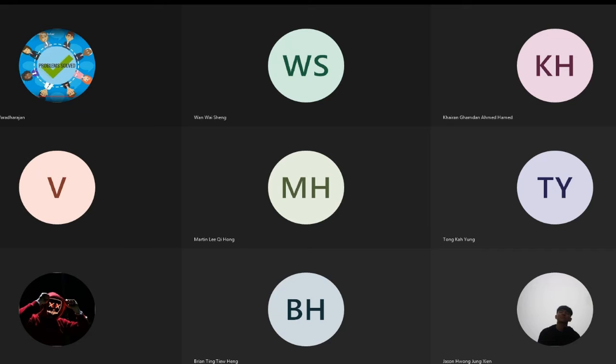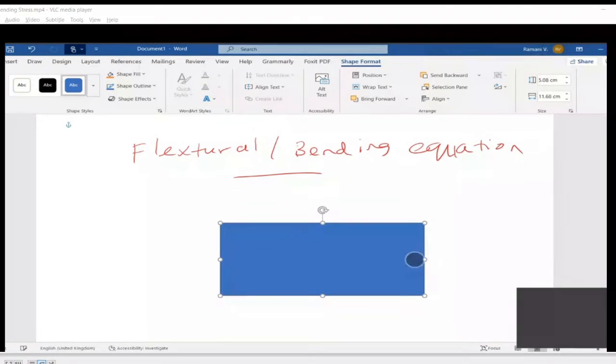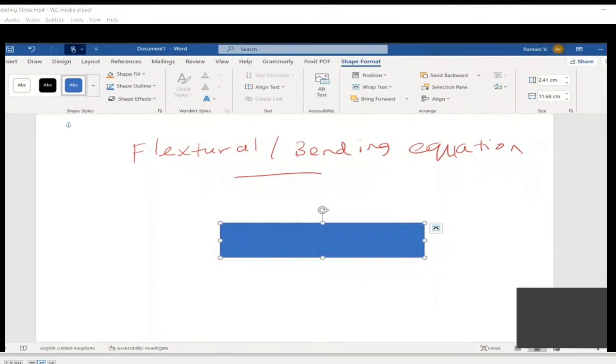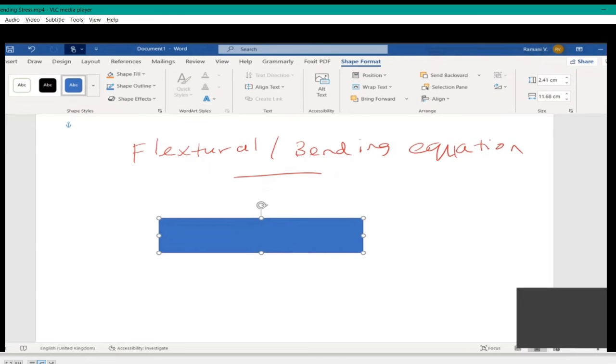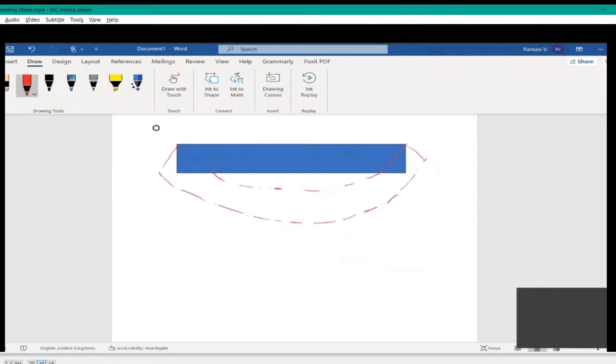I take this one, right? Let's take this member of so and so length, right? Length and then the depth, okay? Just showing the cross section of a member, cut section of the member. Once you apply a load or any type of moment at the ends, it will tend to bend like this. All right, there is two different position.